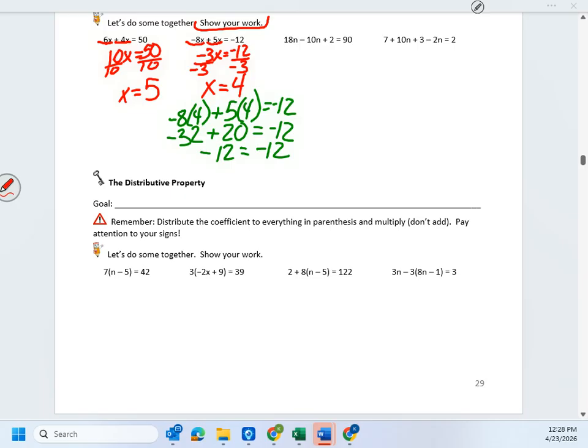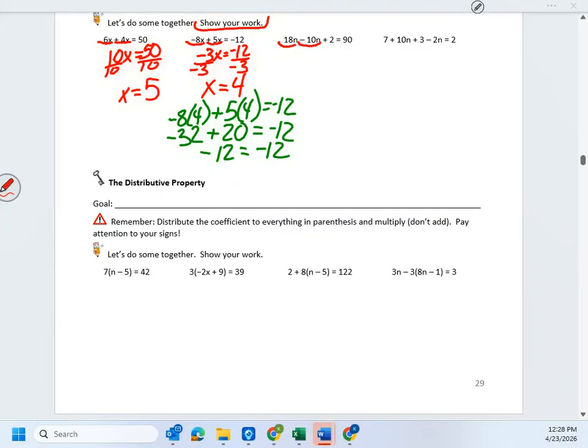Let's look at our next one. 18n minus 10n plus 2 equals 90. What's my first step? I know Colton can do it. He's been brave already. He did one for us. Let's get somebody new. Ellen. 18n, we're going to combine that. 18n minus 10n.